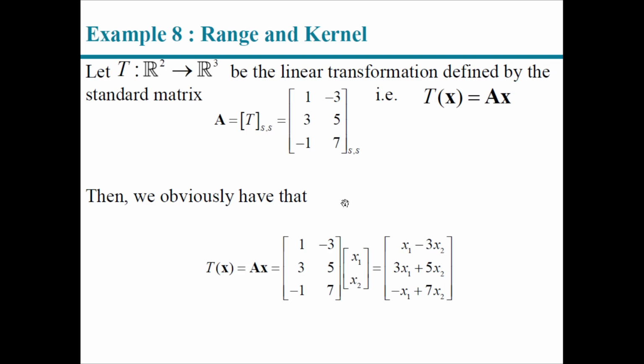Obviously I can find the linear transformation itself. I just multiply the standard matrix by the generic vector (x1, x2) from R2, because this one goes from R2 to R3, and this is what I get. So this is my linear transformation, transforming vectors from R2 into vectors from R3.